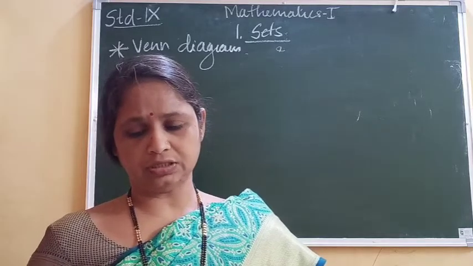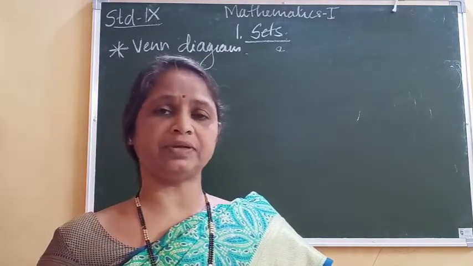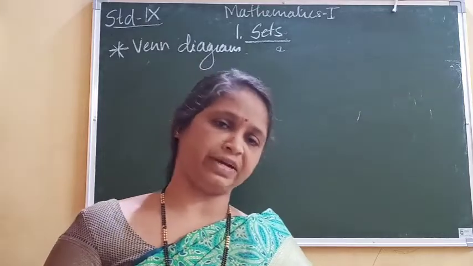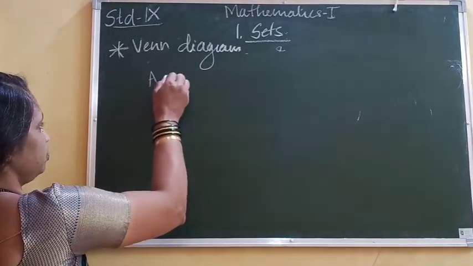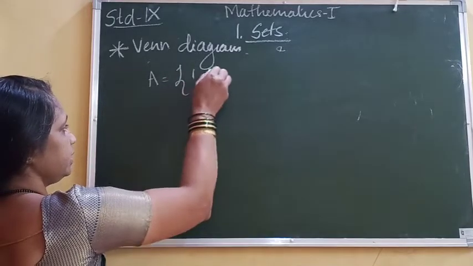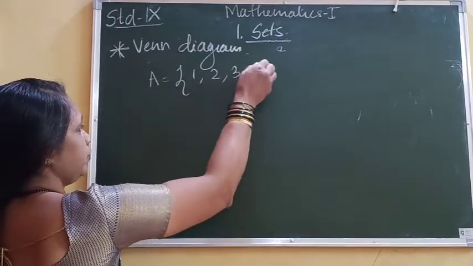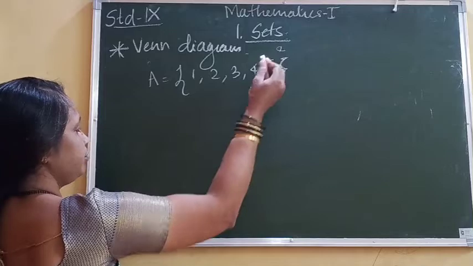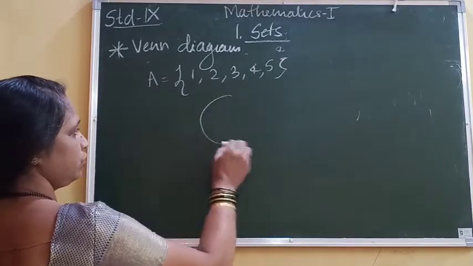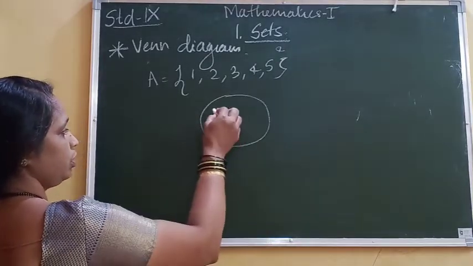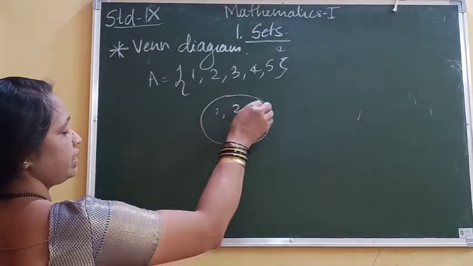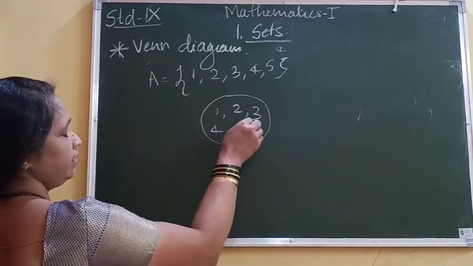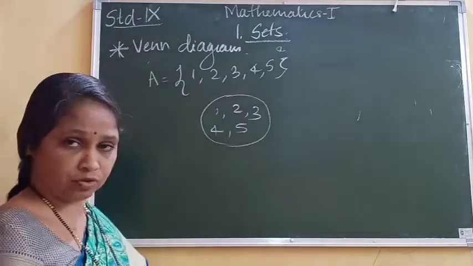Okay, now see, if a set is given to you, you can represent it in the form of a Venn diagram. For example, A is a set given to you, and you can represent this using a figure. The elements present in set A you can write in terms of a picture.